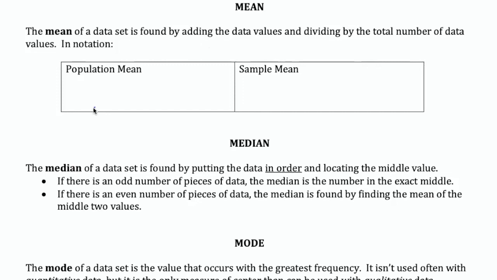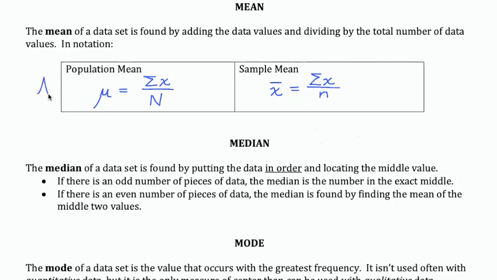The population mean, mu, you calculate by summing up the pieces of data and dividing by the total number of pieces of data in the population. Now, if we write the same formula for a sample, we would switch from mu to x bar. The sample mean is the sum of the variables divided by little n, because little n is the size of a sample.